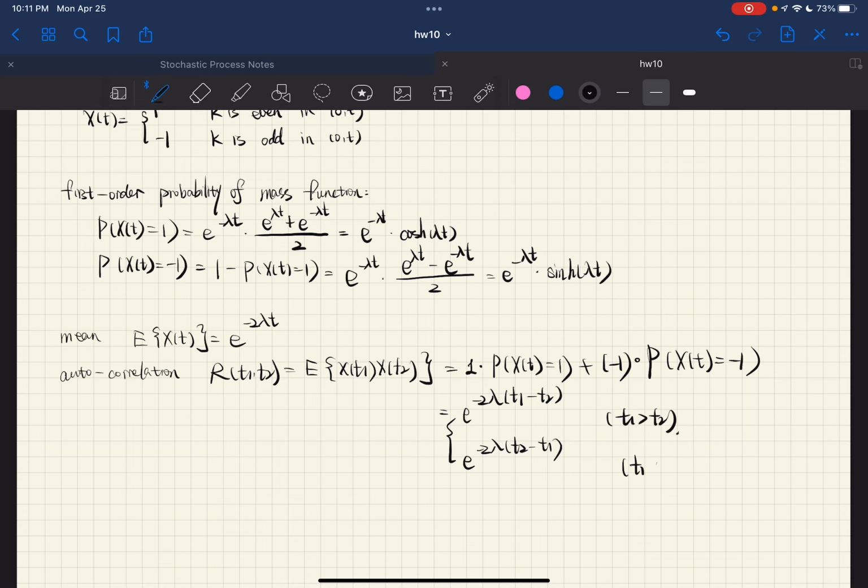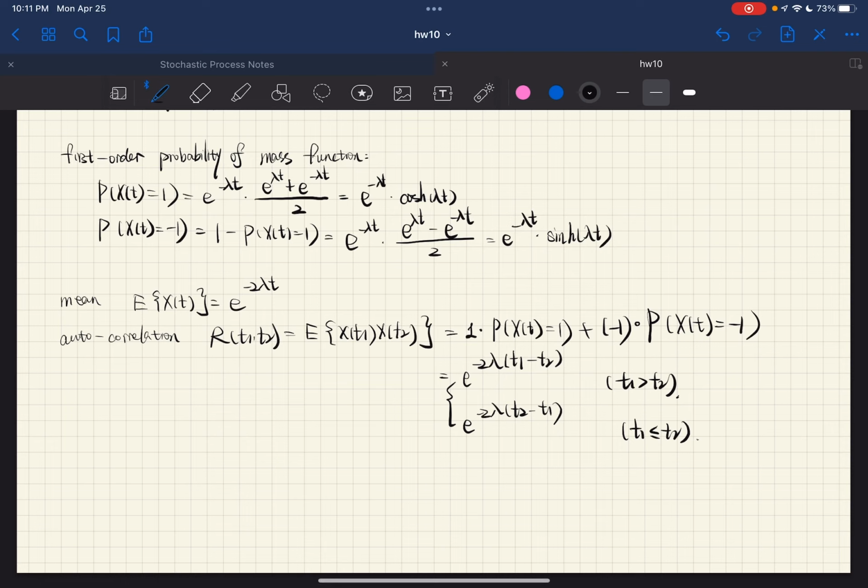This is for the other case. So for the general case, the autocorrelation equals e to the power of minus lambda times the absolute value of t1 minus t2.